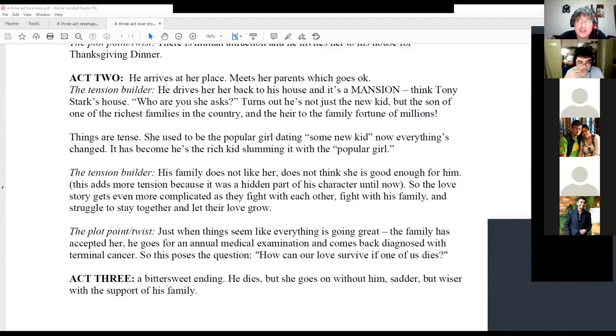The challenge is in your plot partly and partly in your writing. Because with an ensemble cast, as the name implies, everybody must be of equal importance.